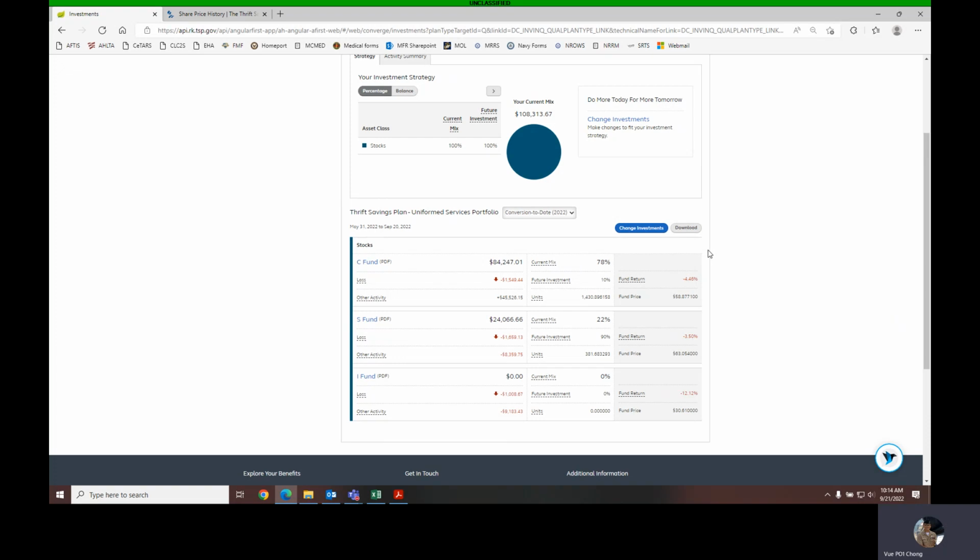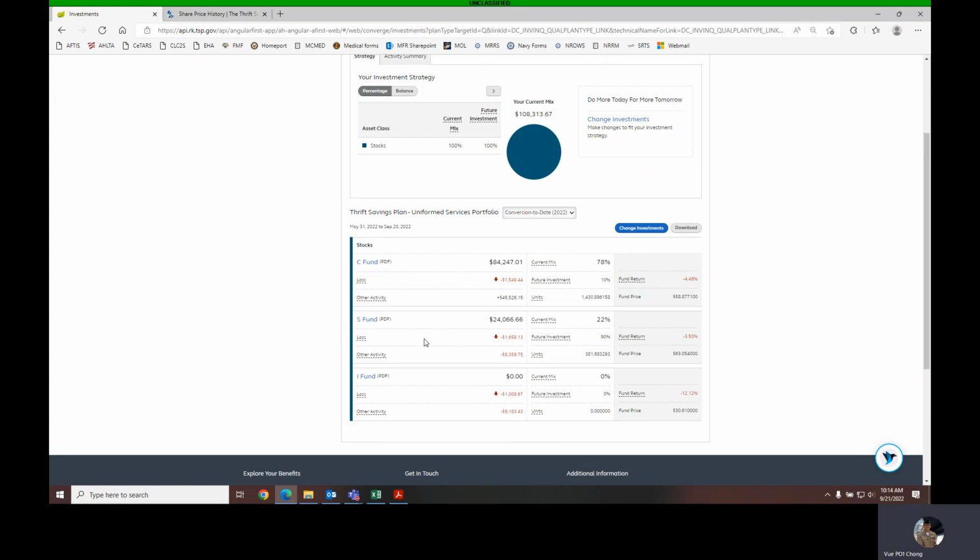Of that 15%, 78% of mine is in C funds, 22% is in S funds. And then for contribution allocation, so again, if I did 15% of my paycheck on a monthly basis, what I'm doing is I'm buying 10% C and then 90% S.